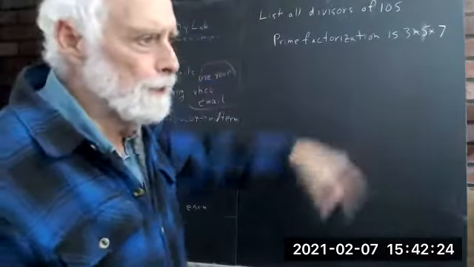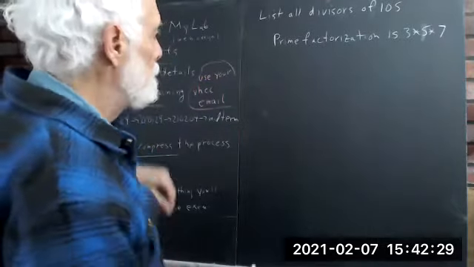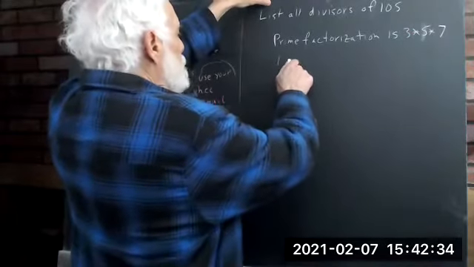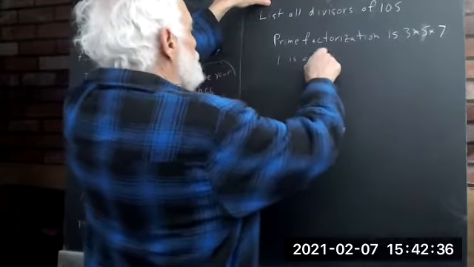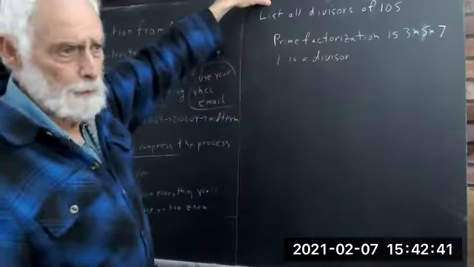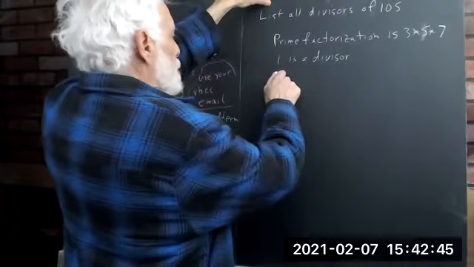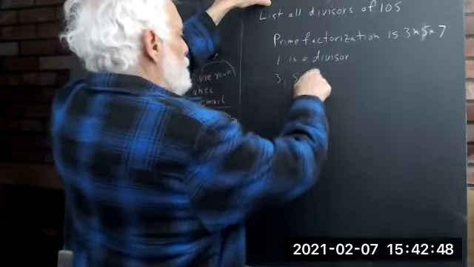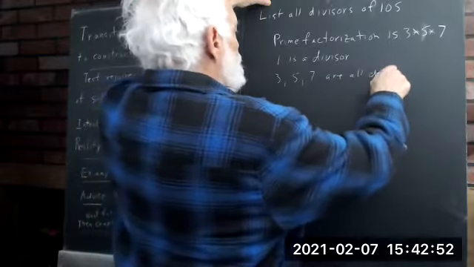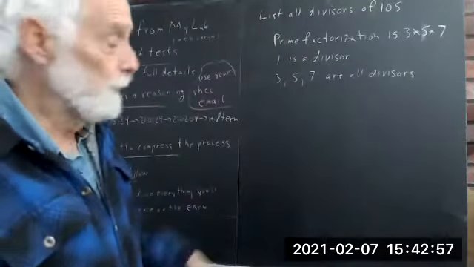Okay, here's your prime factorization. Now you want all the divisors. Okay, well, now 1 is a divisor because it's a divisor of any number, any integer. Okay. 3, 5, and 7 are all divisors.